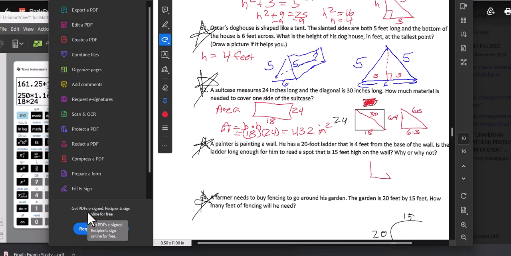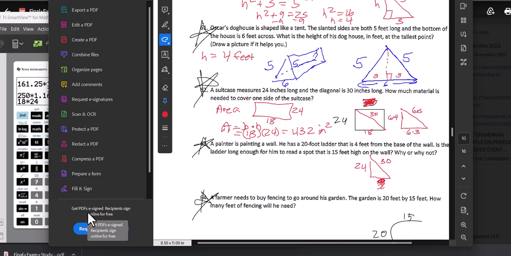So you would have that. That's 30. That's 18. Nope. What do we know? We know 30 and 24. And we don't know this side.